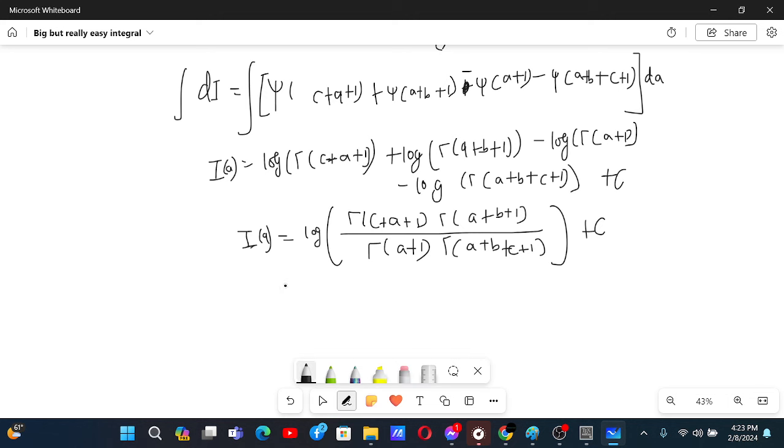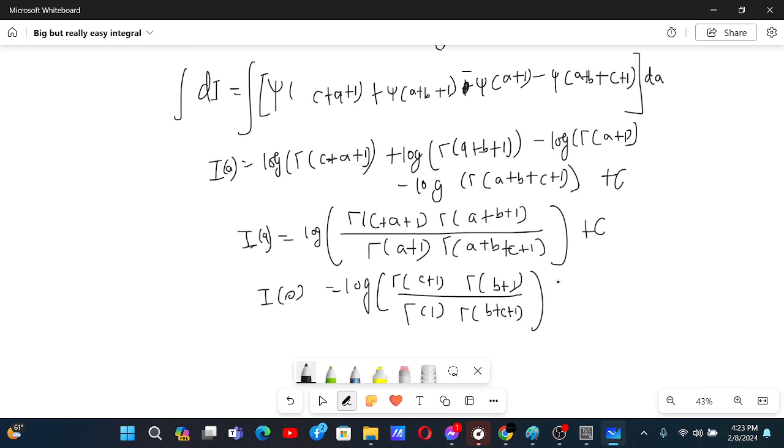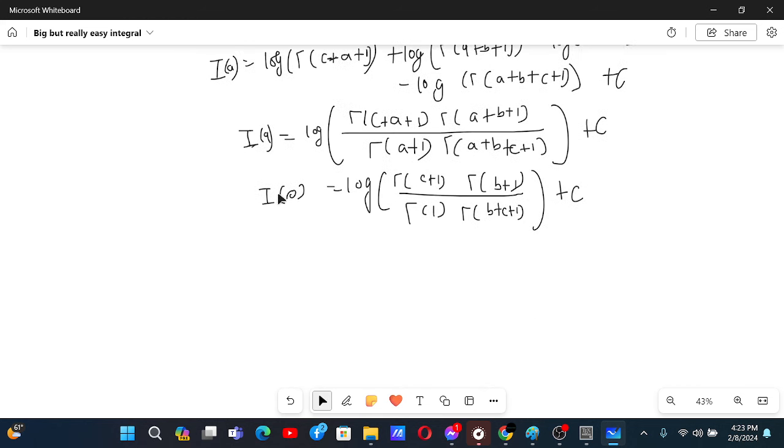So if we use that I of 0, we have log of gamma of c plus 1, gamma of b plus 1, gamma of 1, and then gamma of b plus c plus 1, plus c. Now this is just 0. I of 0 is just 0.